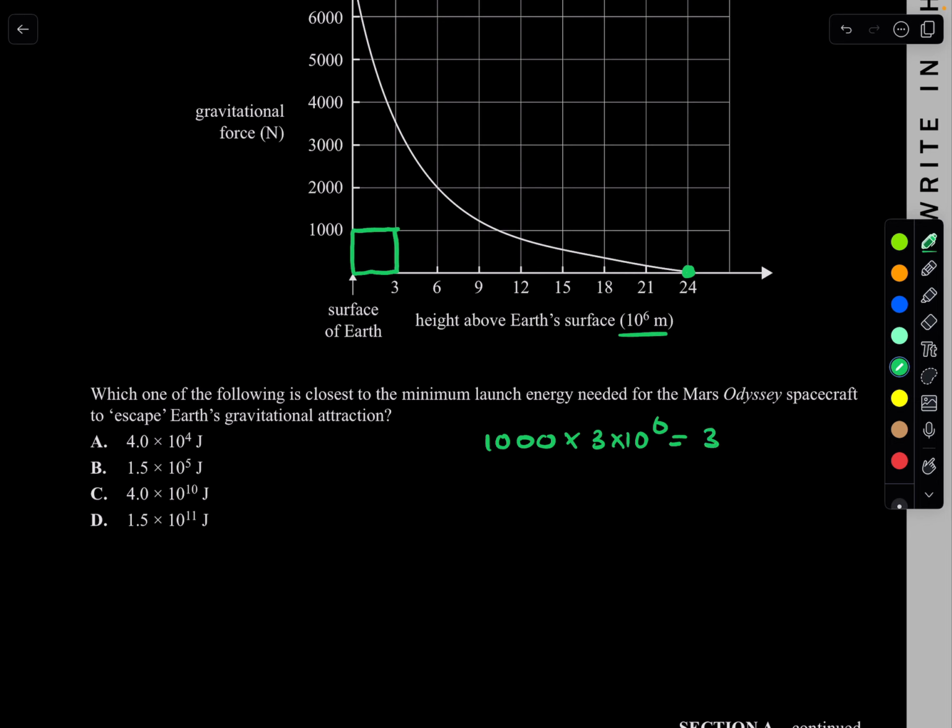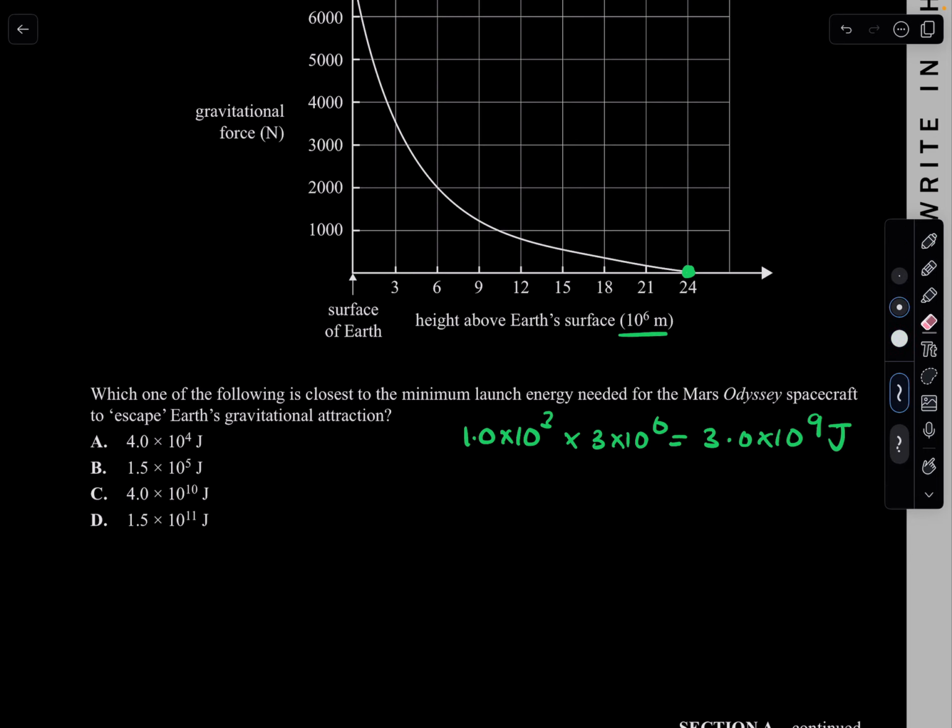Or we can just write it as 3.0 times 10 to the power of 9, because this is 3 times 10 to the 6. You can write 1,000 as 1.0 times 10 to the power of 3. You multiply these, the powers add up: 1, 2, 3, 4, 5, 6, 7, 8, 9. Beautiful. So that's what we have. This is the amount of energy in one block.